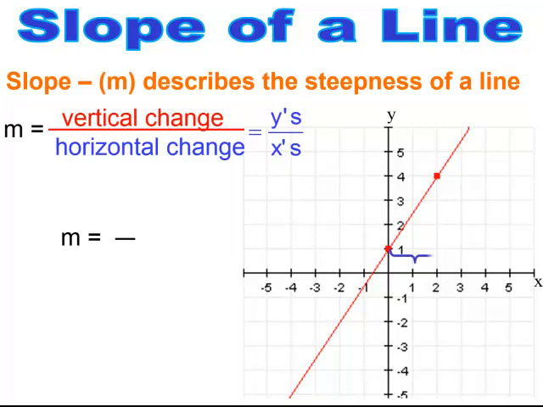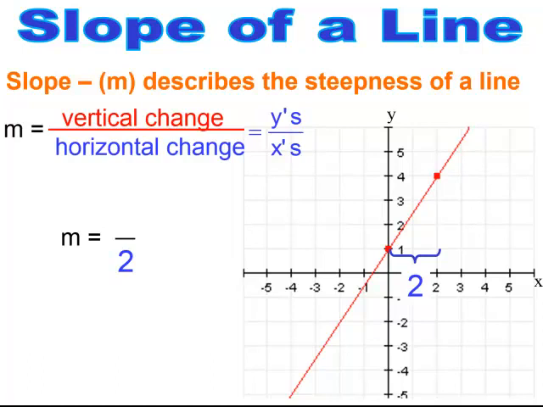So from one point, I'm going to start with the bottom point, and I'm going to count over how far the second point is horizontally. So horizontally, it's over 2, so I would put 2 where the x values go.